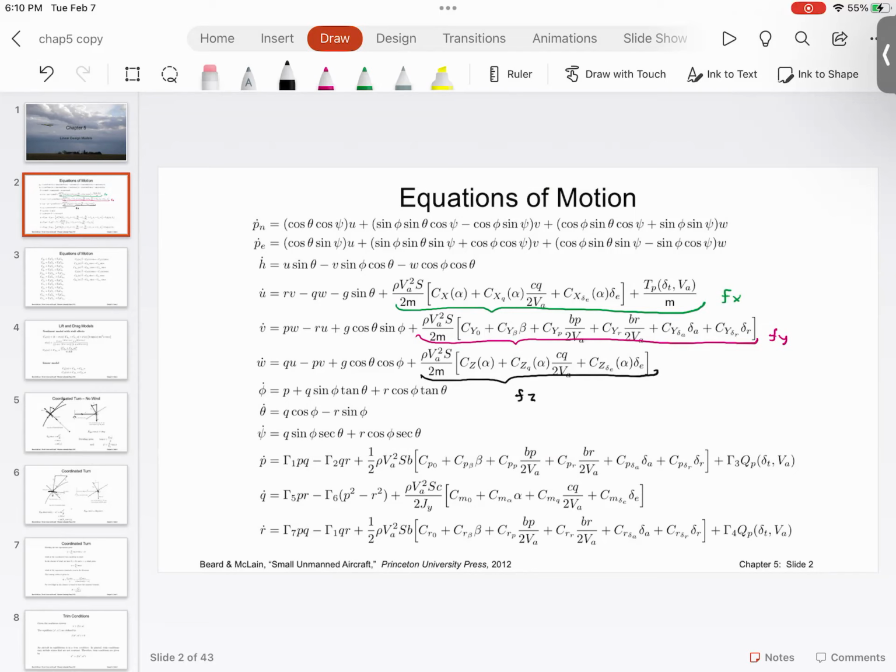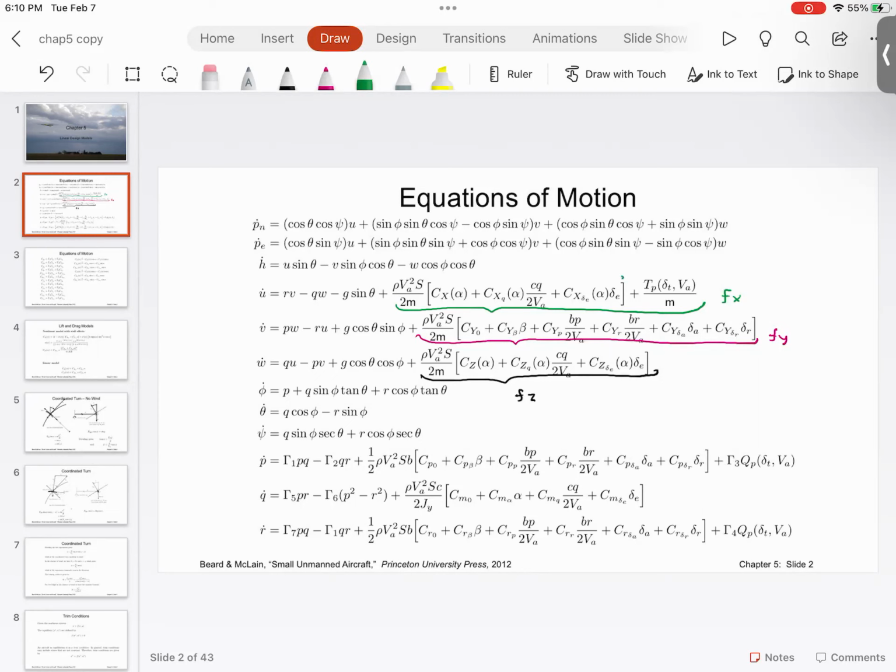Once again, the control surface that controls the aircraft motion in the pitch plane is called the elevator. The control surface that controls the aircraft motion along the roll direction is the aileron, and the control surface that controls the aircraft motion about z is called the rudder. So I want you to carefully follow.